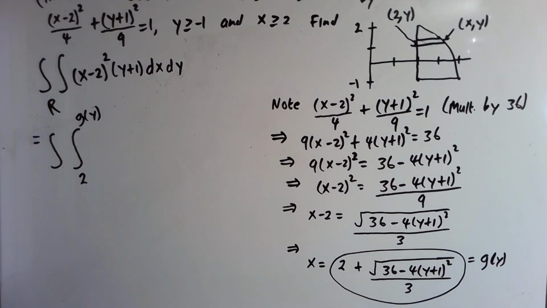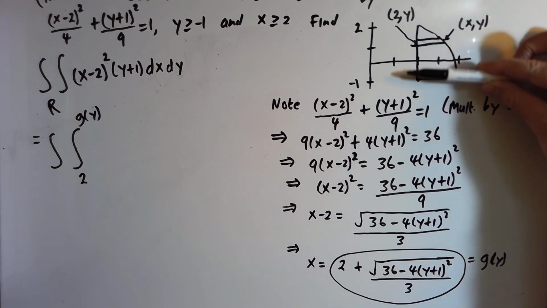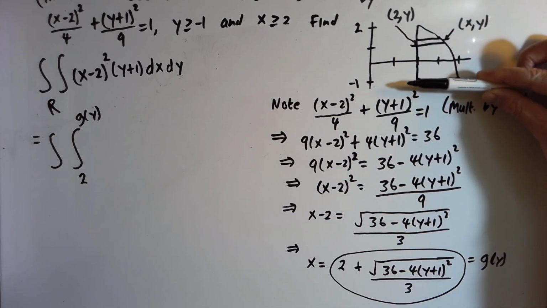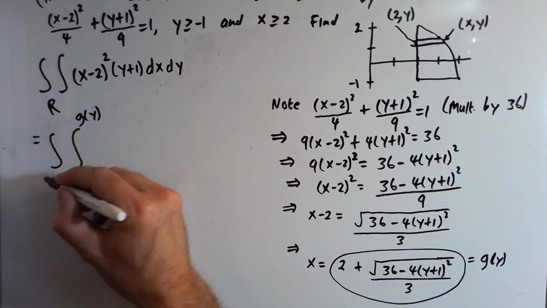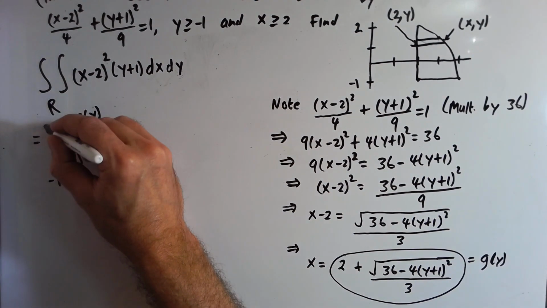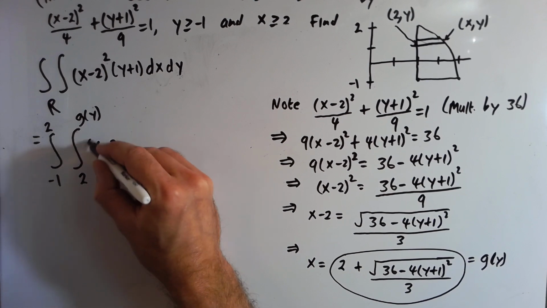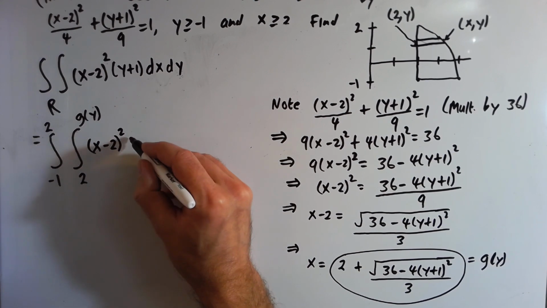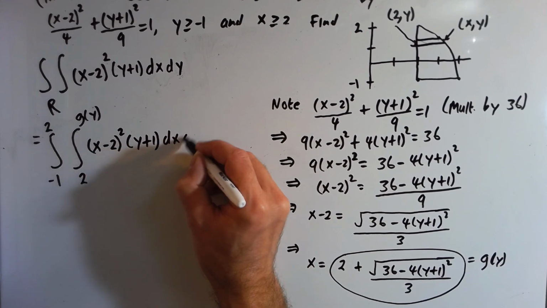The strips now are going to go up and down, and the lowest they can be is minus 1, and the biggest goes up to 2, so it'll be minus 1 to 2. Then our function, (x minus 2) squared times (y plus 1), dx dy.